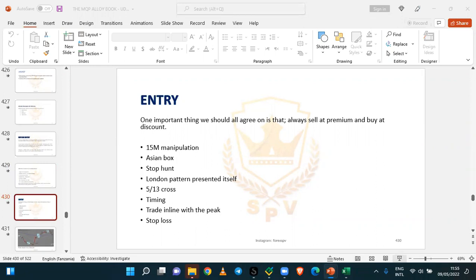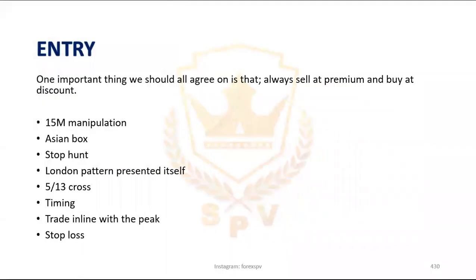Like we look at the Asian box, is it less than 50 pips? We look at the stop point, is the stop point as I anticipate stop point. Like if we expect the stop point high drop, then we should only take a trade when it has done that. Okay.